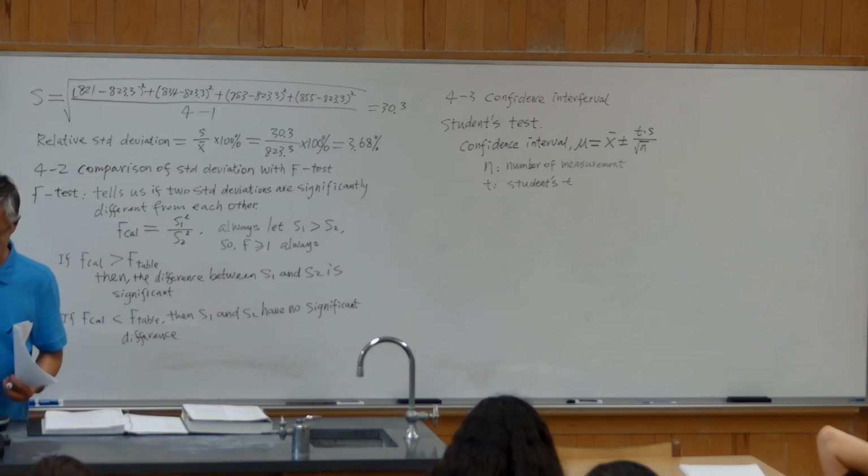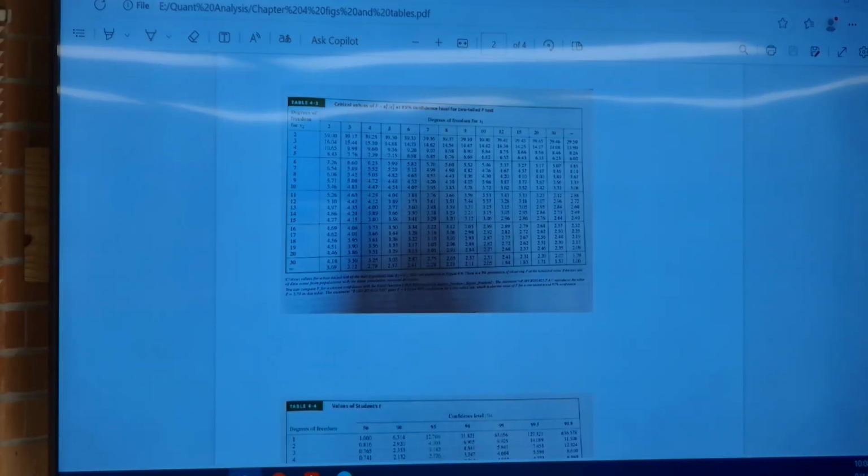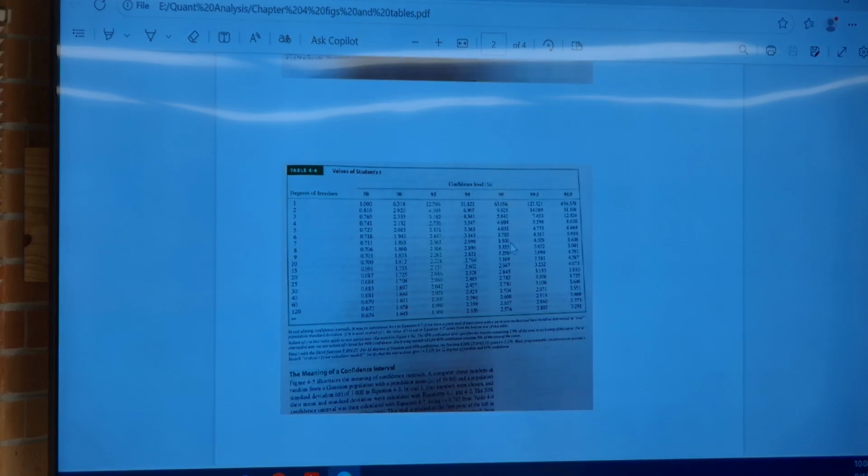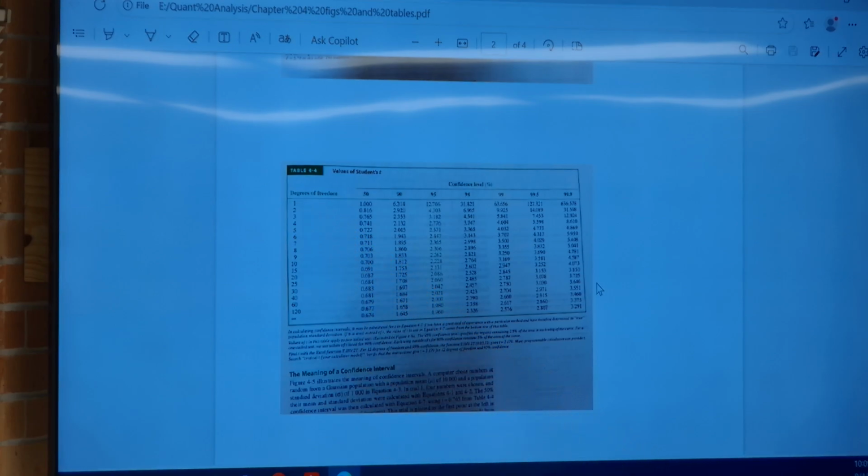Let's see. This table is the t value. It depends on confidence level and degree of freedom. Degree of freedom, we just explained, depends on how many measurements you made.